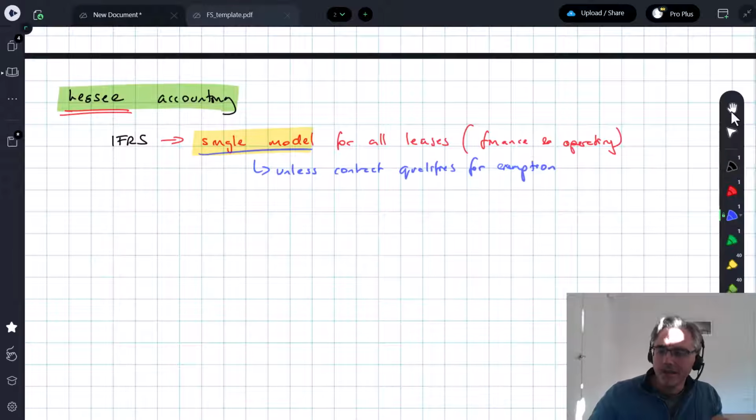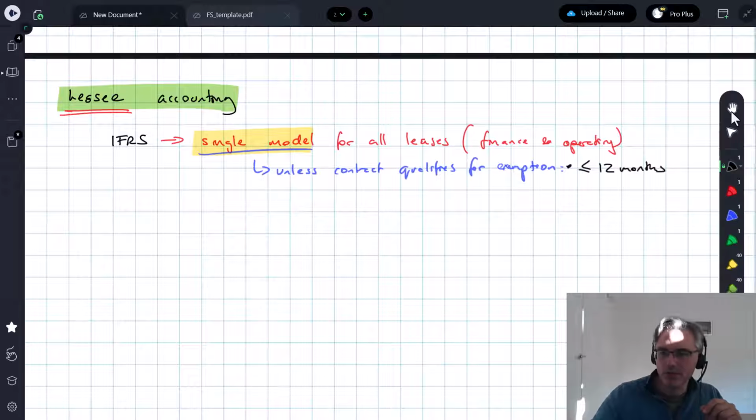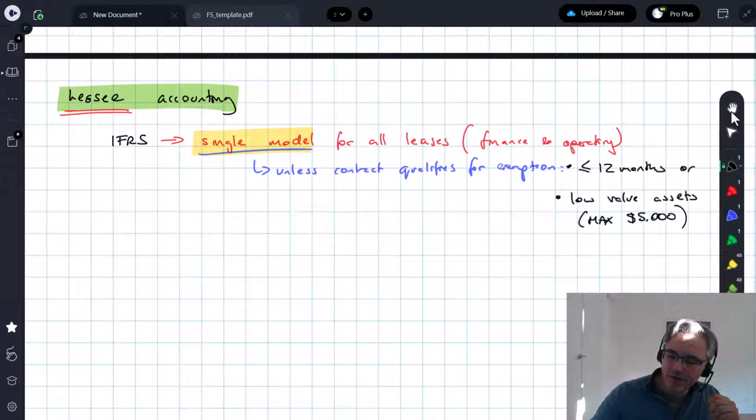This exemption is for contracts which have been signed for no more than 12 months, so for a maximum of 1 year, or they relate to an asset with a relatively low value. And low value assets, your book talks about it, means maximum equivalent of $5,000.